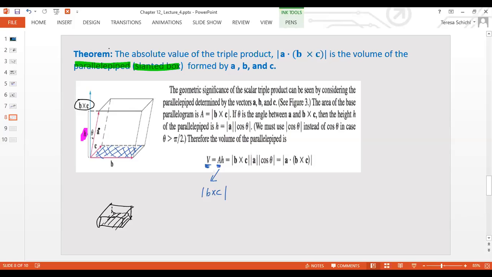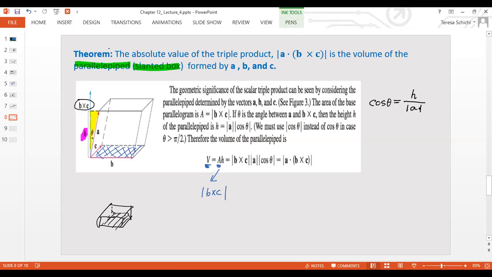If you take a look at this right triangle, the yellow right triangle, we have cosine theta equal to the height over the hypotenuse.